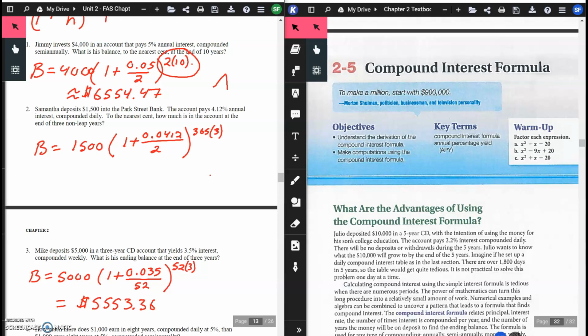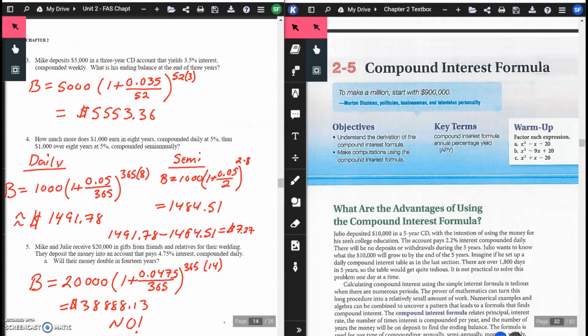That's how you set up your formula. I made a mistake there, this part should be 365 because then it's 365 days, compounded daily. Multiply all that out, and that'll give you your final answer. So that's just the setup.